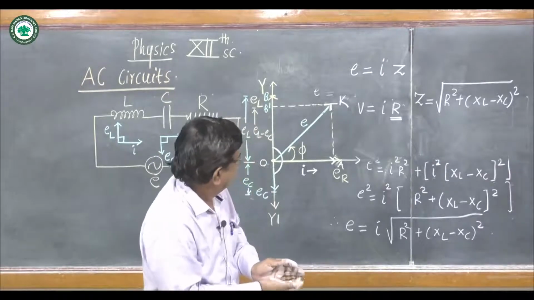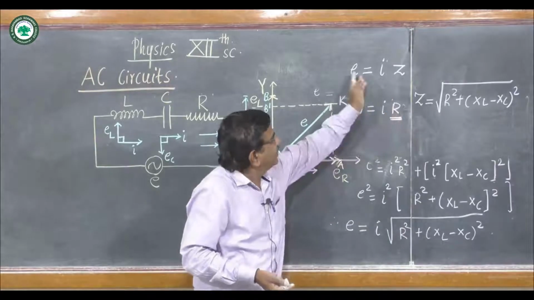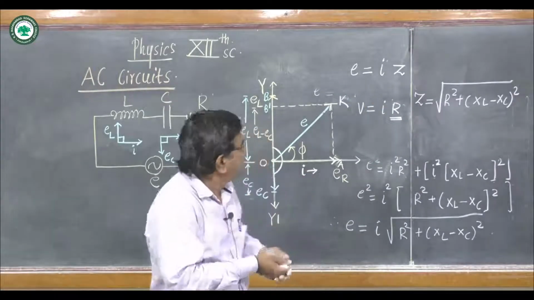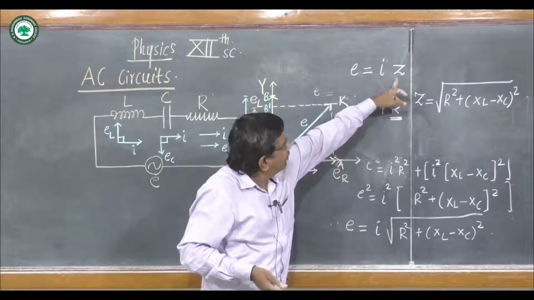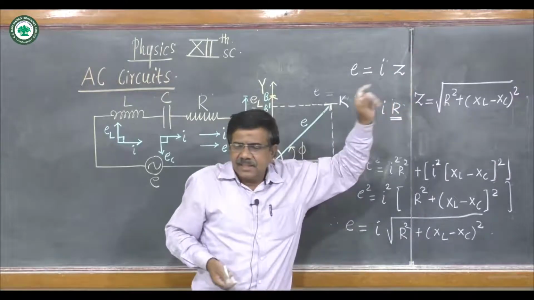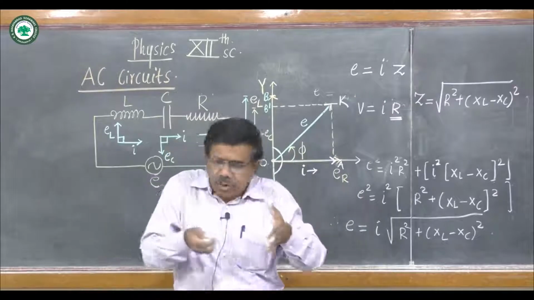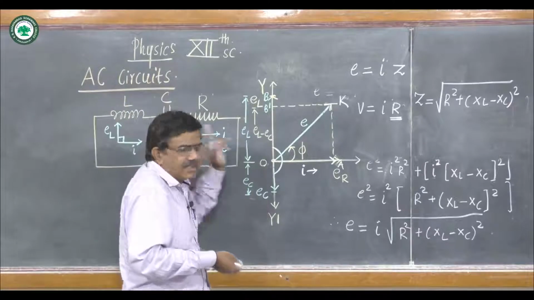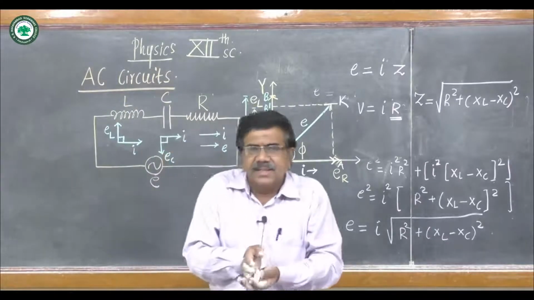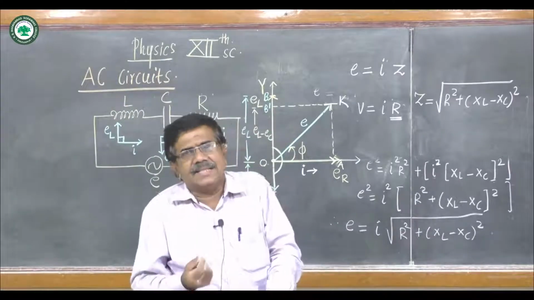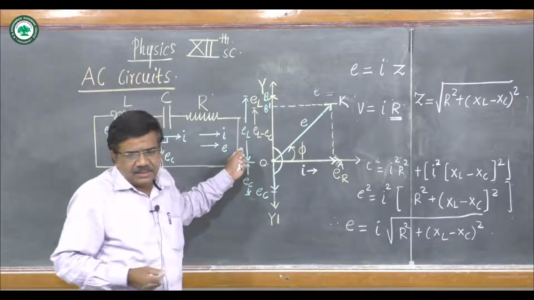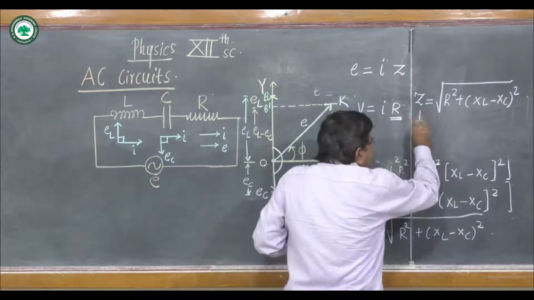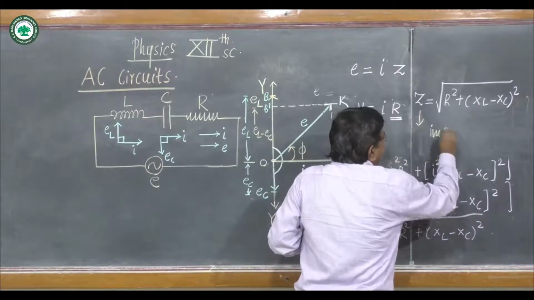See again, if we compare it with IR, this resistance opposes the flow of current through it. Similarly, this Z represents the effective opposition offered by the inductor, capacitor and resistor connected in series to the flow of AC current.